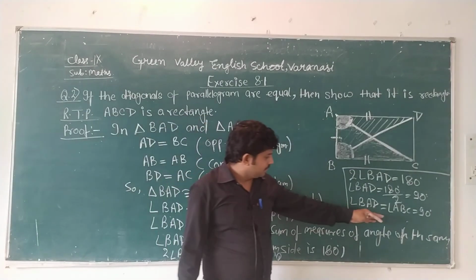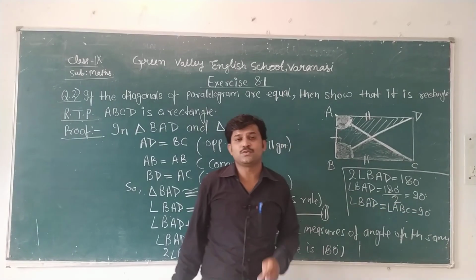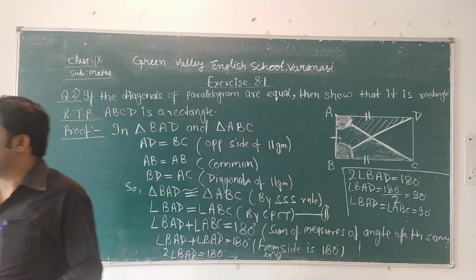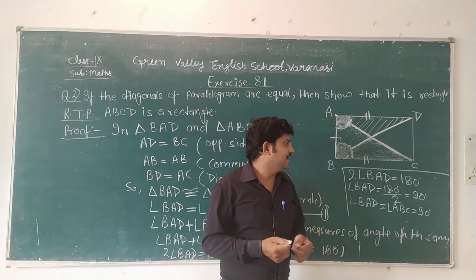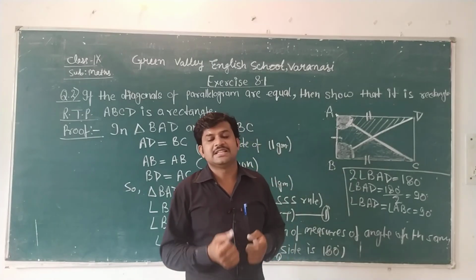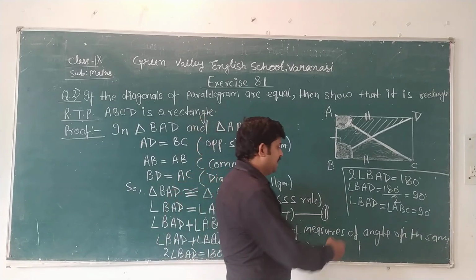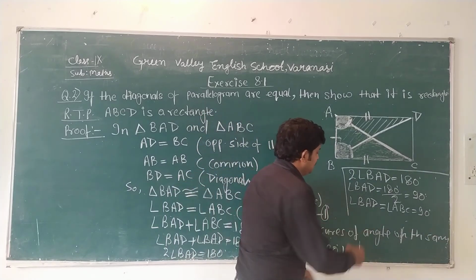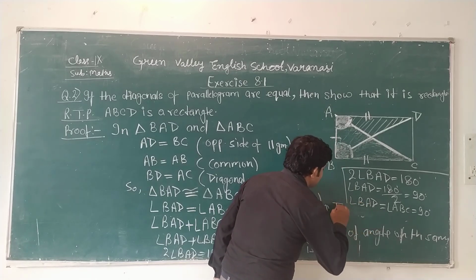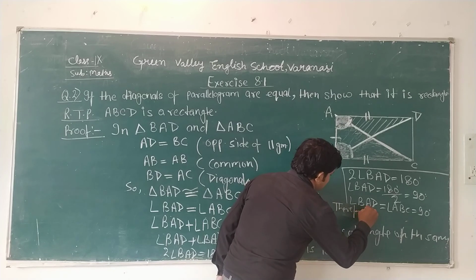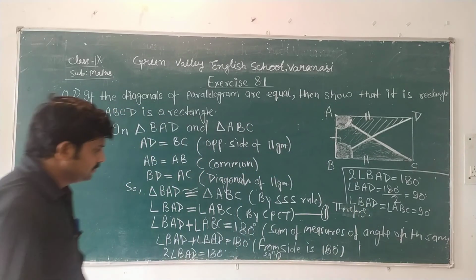Here angle BAD is equal to angle ABC is equal to 90 degrees. That's why we can write, if any one angle of a parallelogram is 90 degrees, then that parallelogram is a rectangle.